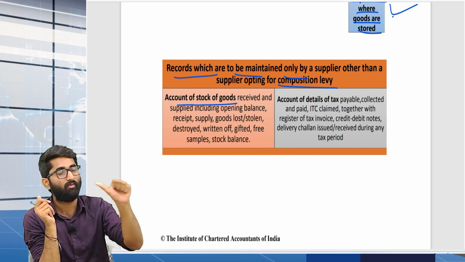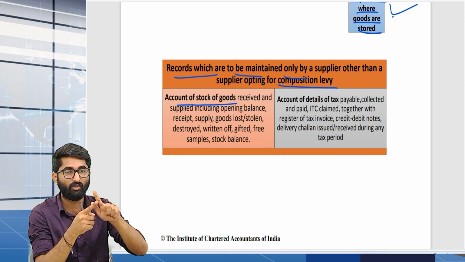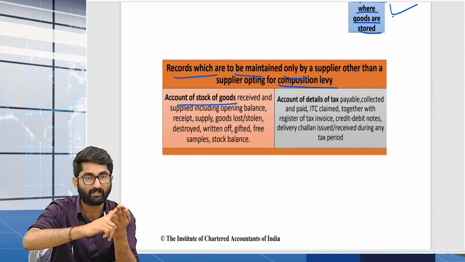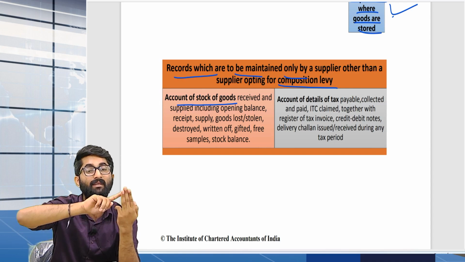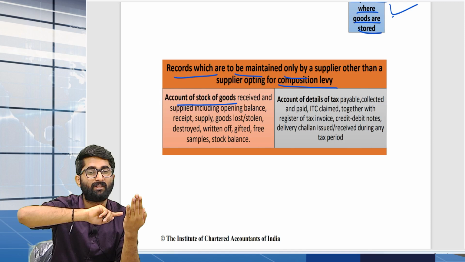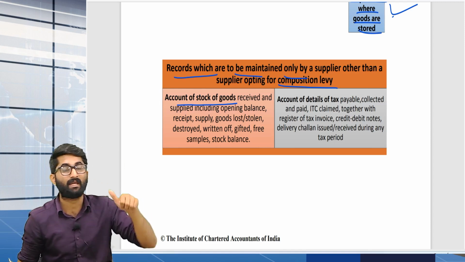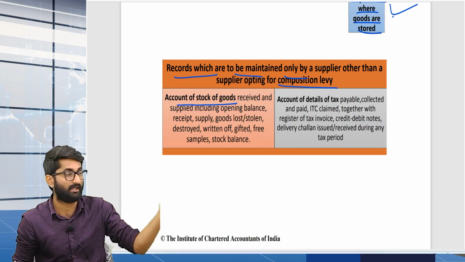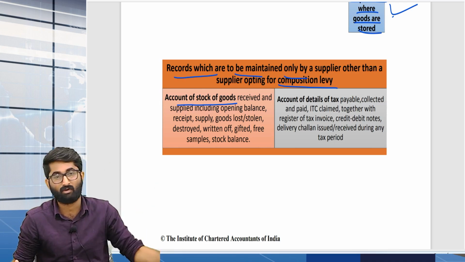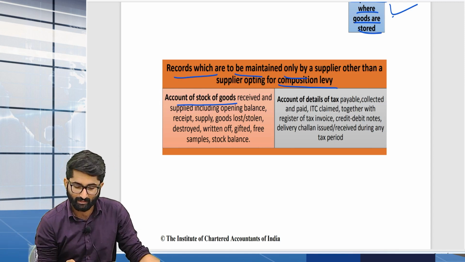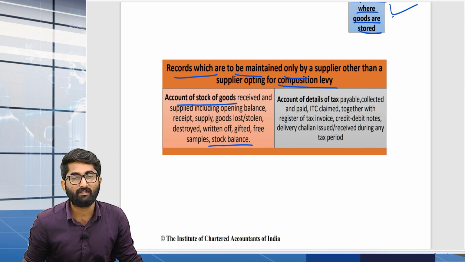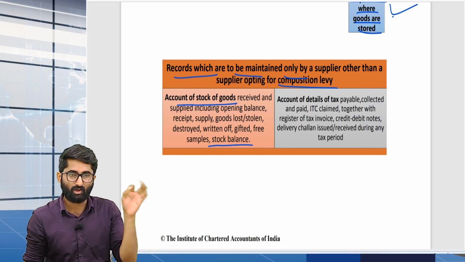Opening stock, receipts of the goods, goods given to manufacturing, how much is there in the warehouse, how much is there in work in progress, what is your finished goods, and at the same time what is scrap, what is destroyed, what is stolen, what is written off, what is disposed, and if there is any waste or scrap. Finally, stock balance. Everything has to be maintained, that is stock.